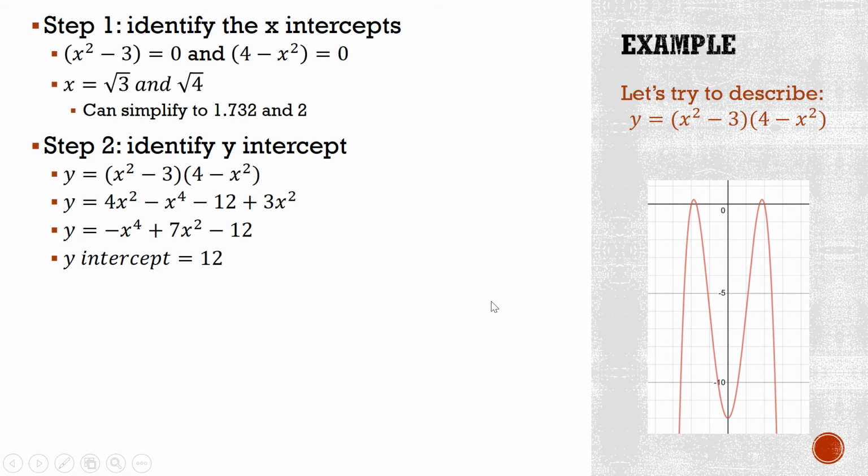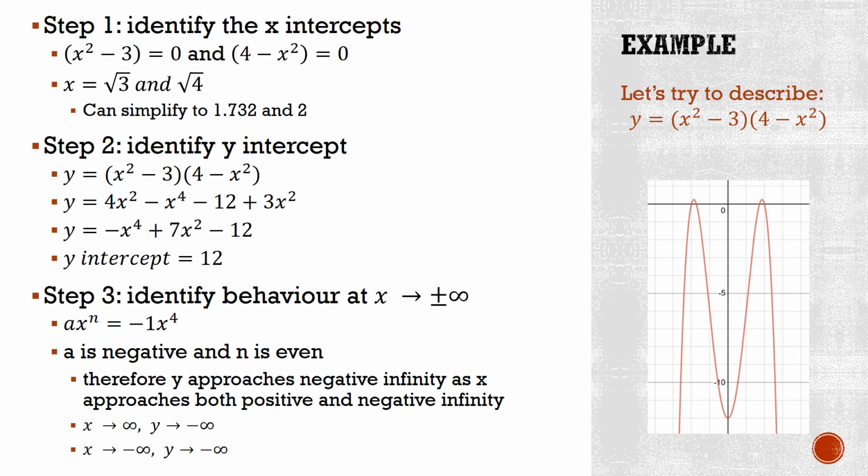But then looking at what we are doing here, for this you actually do have to expand. So we have a negative x to the power of 4. So a is negative 1, so a is negative. n is 4, so n is even.